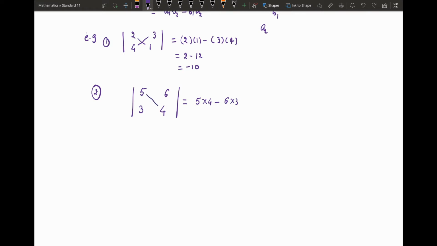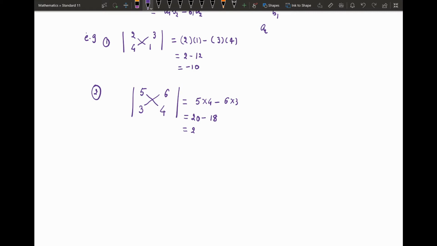Multiplication of entries in the principal diagonal, subtract multiplication of entries in the subsidiary diagonal. So 5 into 4 minus 6 into 3 is 20 minus 18, which is 2. 2 is the value of the given determinant. So this is the method to evaluate a 2 by 2 determinant.